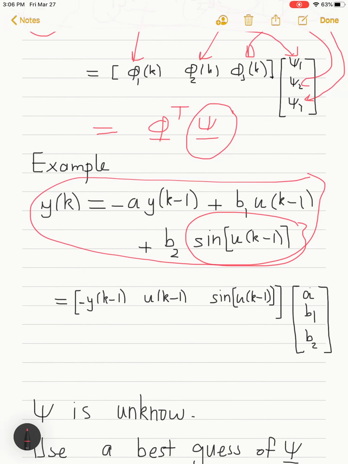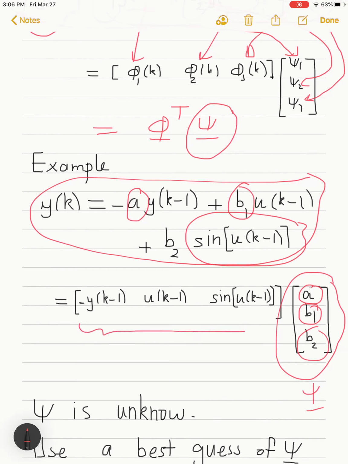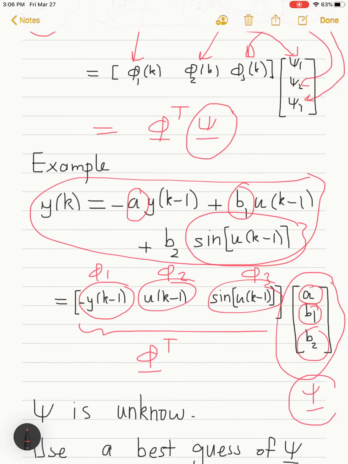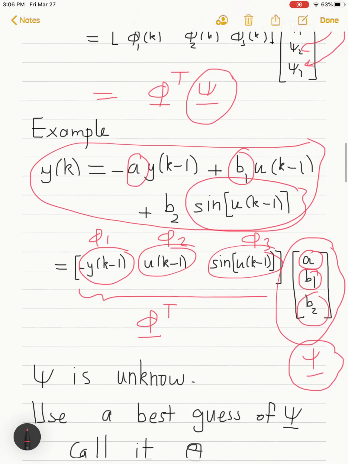If I select the vector psi to be composed of a, b1, and b2, and the vector phi transpose to consist of phi 1, phi 2, and phi 3. So as you can see here, this is a nonlinear system. Still it is linear in the parameter vector psi, and this is again a valid form that we can use in least squares estimation.